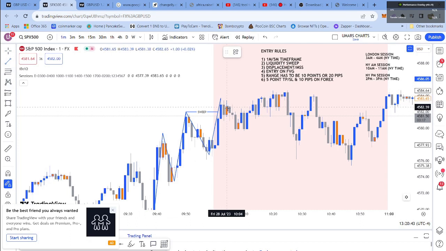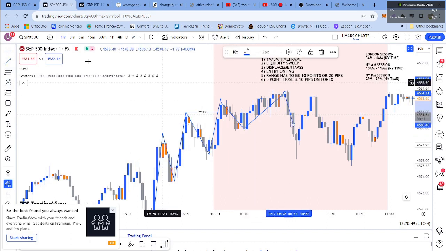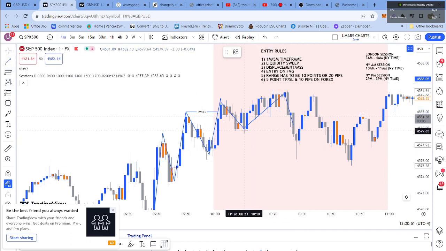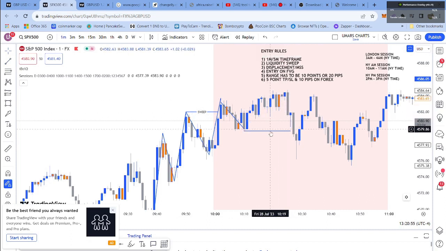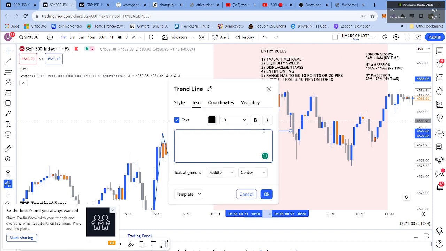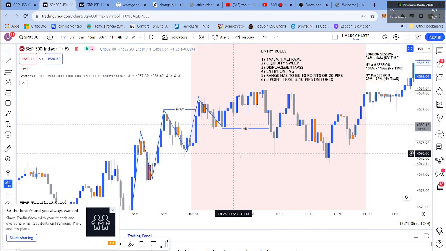As we can see, price came lower and price went higher, and over here price broke and created a market structure shift. As you all can see there, this is now a market structure shift, or MSS as we'd call it in short.